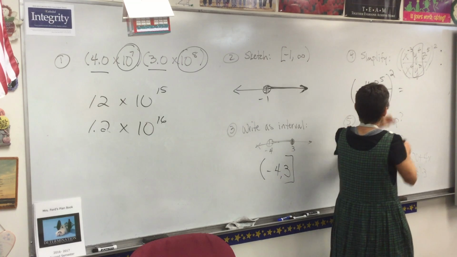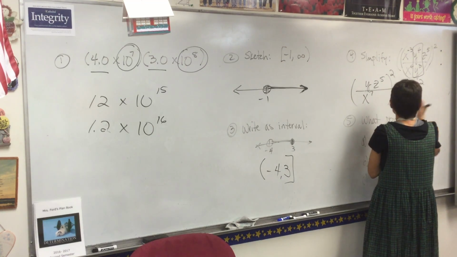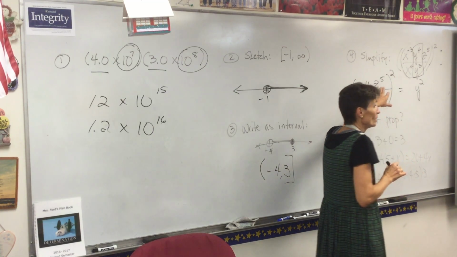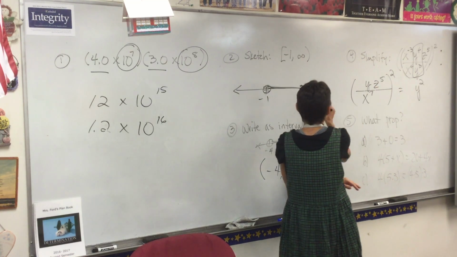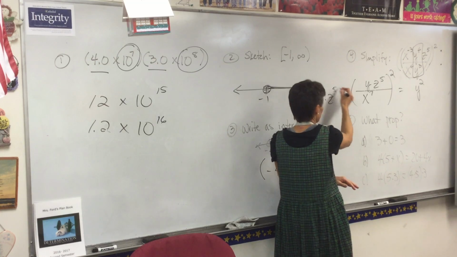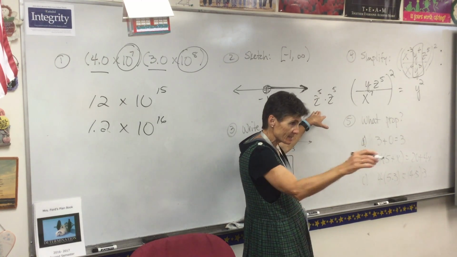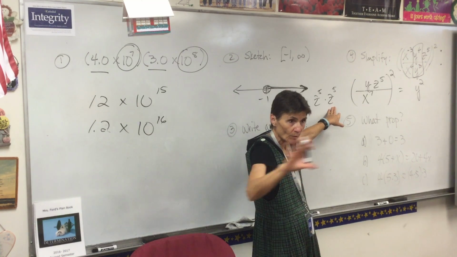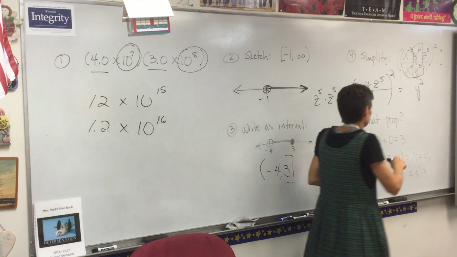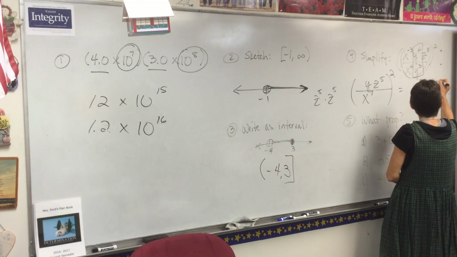So this is going to become y squared. Now be careful. Don't be silly. This means z to the 5th times z to the 5th. That's z, z, z, z, z, z, z, z, z, z. How many z's are there all together if you wrote them all out? 10. There aren't going to be 25 of them.